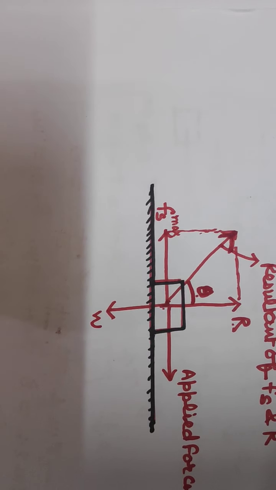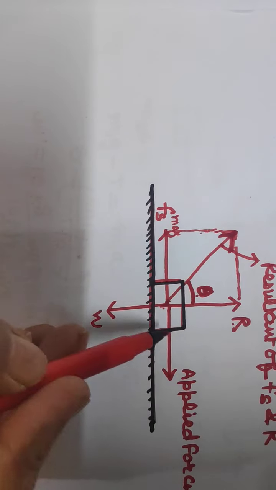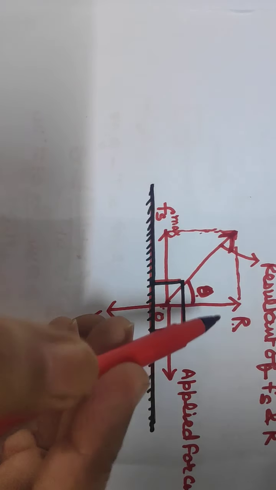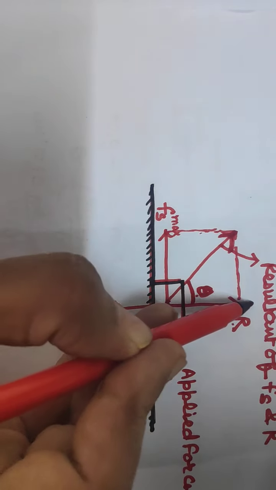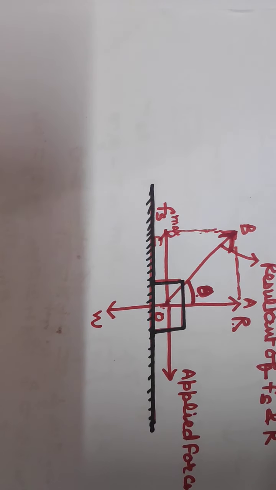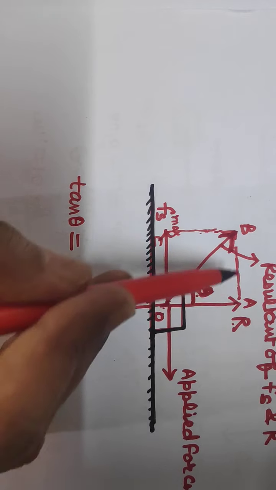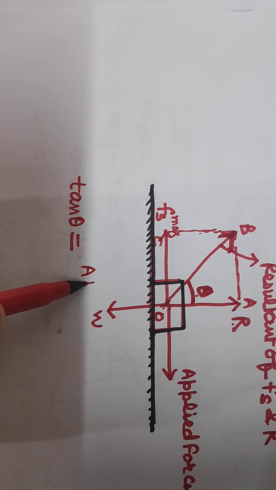Okay, so from this triangle, suppose this is O, this is A, this is B, and this is C. So in triangle OAB, tan theta will be equal to perpendicular upon base, perpendicular AB upon OA.